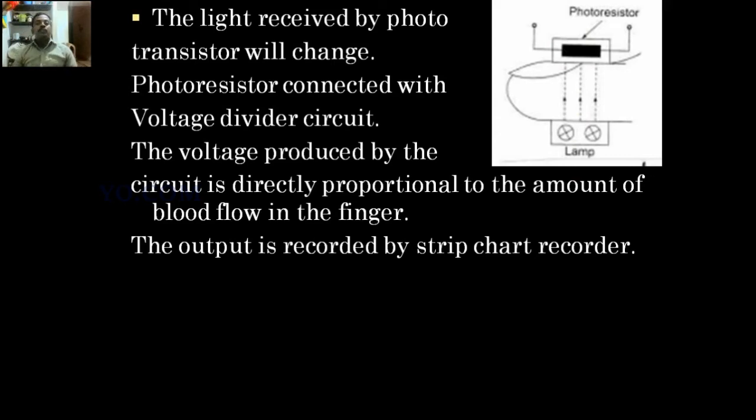The output of the phototransistor is connected with a bridge network, or the voltage divider circuit. The output is recorded by a strip chart recorder.